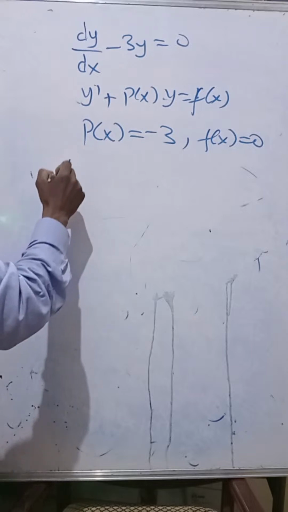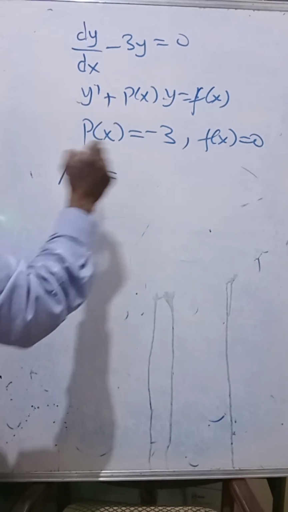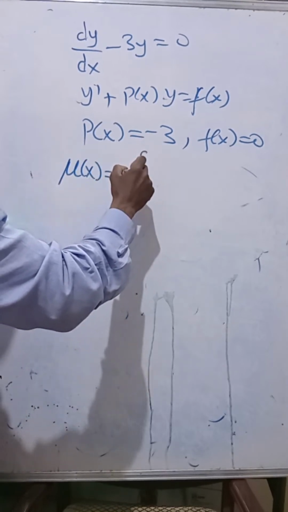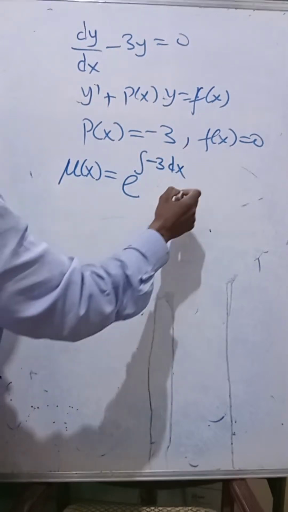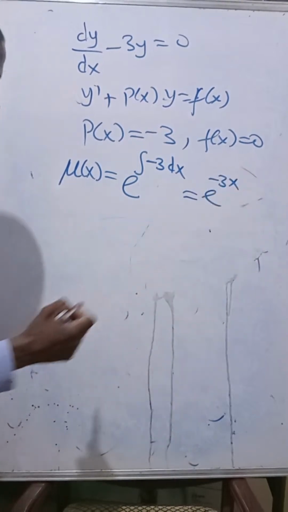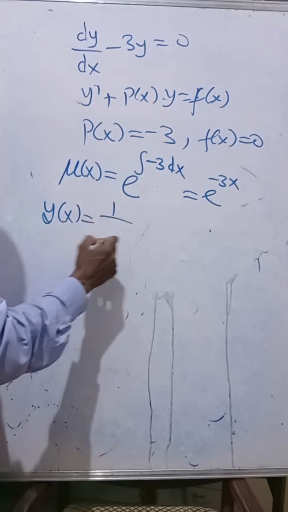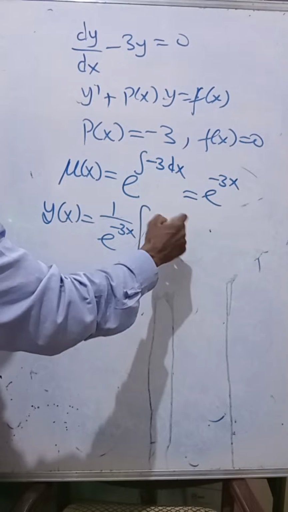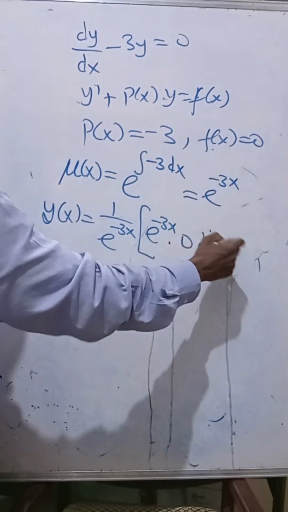Since this is a linear differential equation, we can get the integral factor. The integral factor will be equal to e to the power integral of P of x, which is minus 3 dx, and that will be equal to e to the power minus 3x. Then the general solution will be equal to 1 over the integral factor, open your brackets, integral factor times f of x, which is 0, dx plus c.